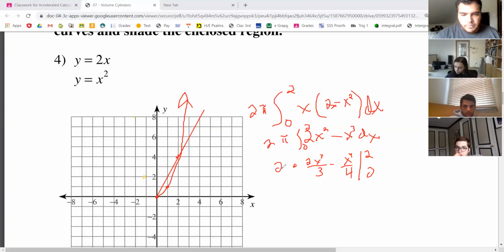All that times 2 pi. Plug in a 2 here: 2 cubed is 8, times 2 is 16 over 3. Minus 2 to the fourth is 16, divided by 4 is 4. So I'm going to make that 12 over 3. So that's 4 over 3 times 2 pi. So 8 pi over 3.